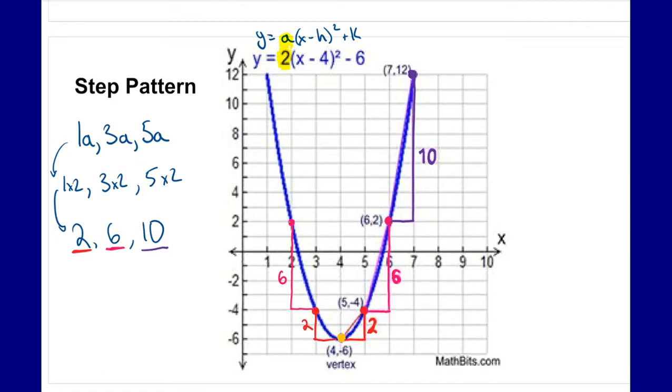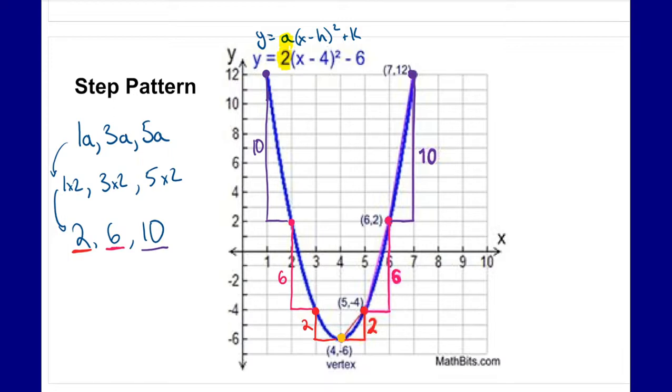Then from that point I go over 1 again and up 5a, or up 10. So it doesn't matter if you go left or right. A parabola is symmetrical on both sides, and the step pattern shows us how far up we go every time we move over 1.